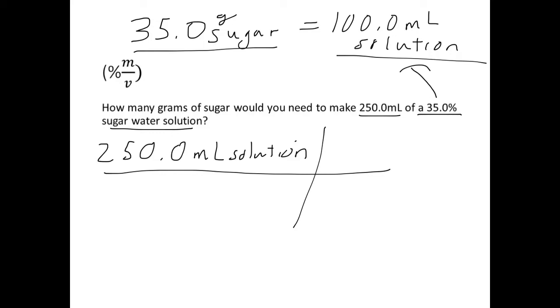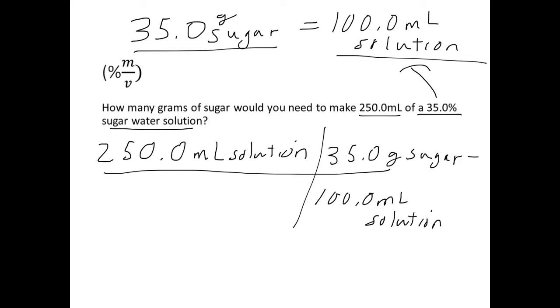Place milliliters of solution where they'll cancel out. Place grams where they'll be left. Multiply everything on top, divide through everything on the bottom.